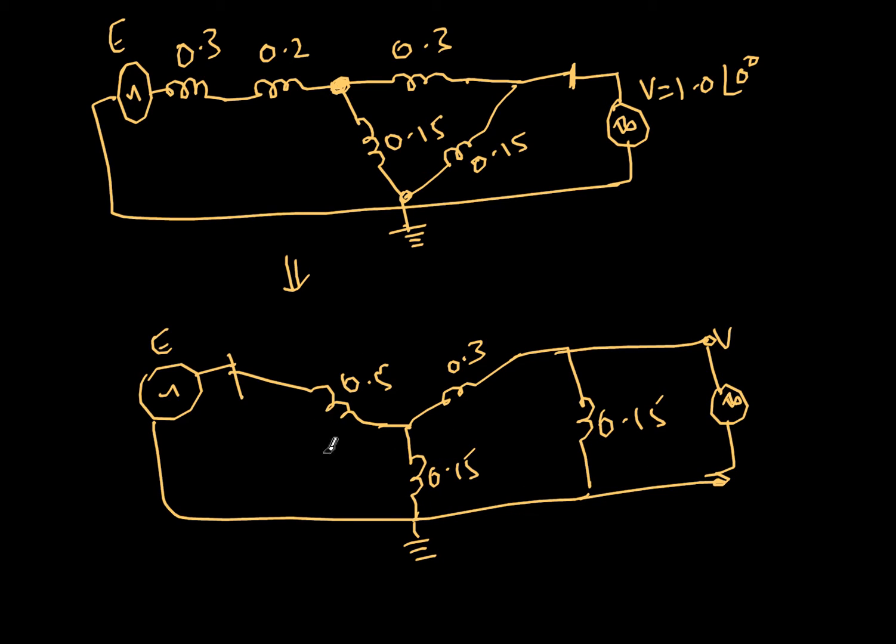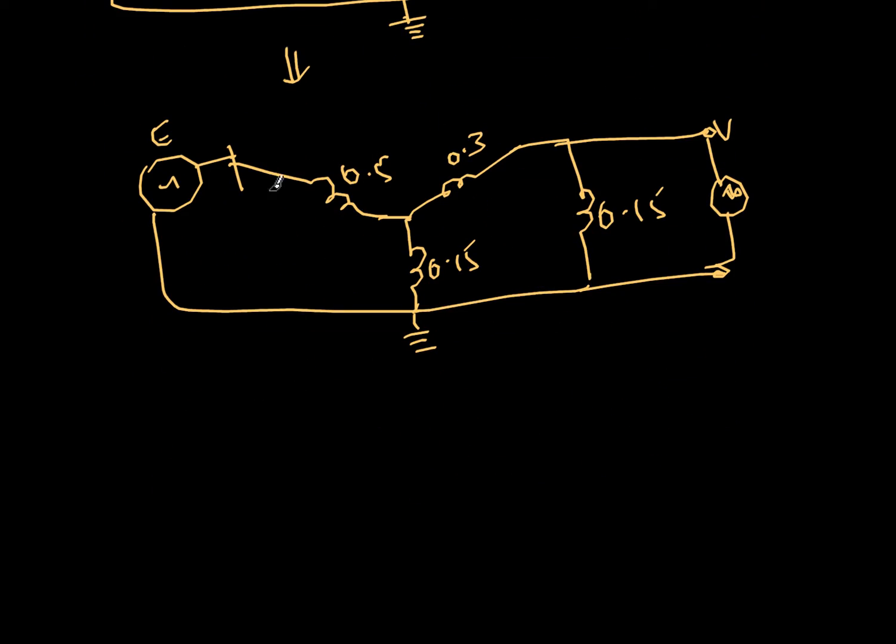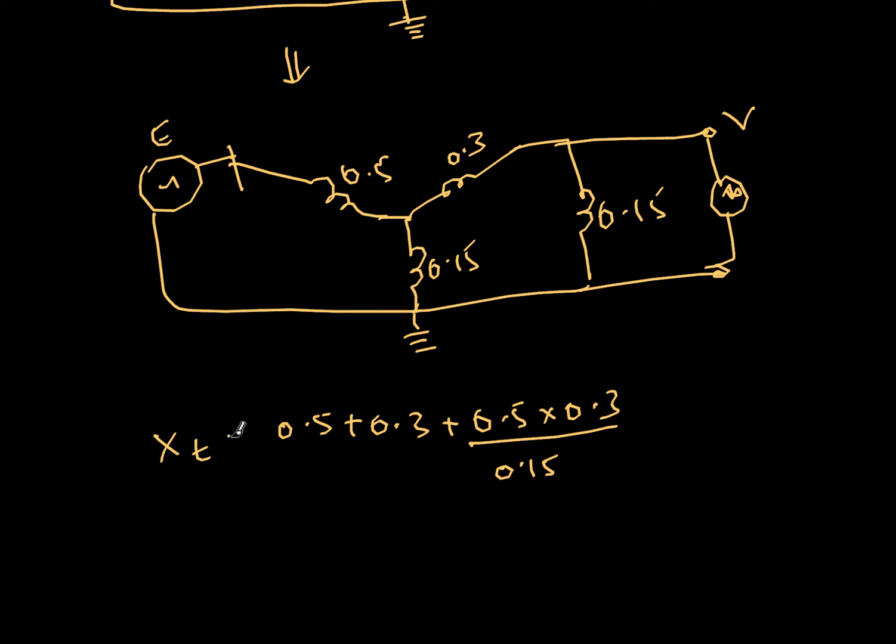Now this star connection I can convert into delta. When you convert into delta, this particular reactance, whatever comes between these 2 points, will be 0.5 plus 0.3 plus 0.5 into 0.3 divided by 0.15. So that will be X total, between this point and this point.